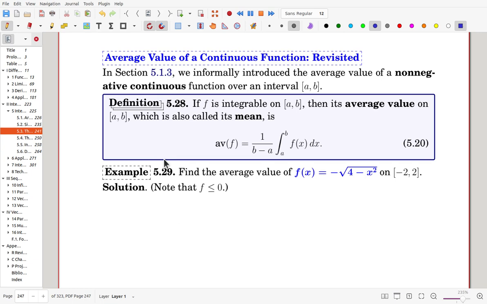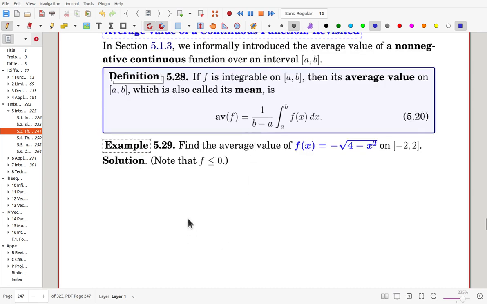Now we define the average value more formally. If f is integrable on the interval [a, b], then its average value on the interval is given in this way: the definite integral of f divided by the interval length. This average value is sometimes called the mean.